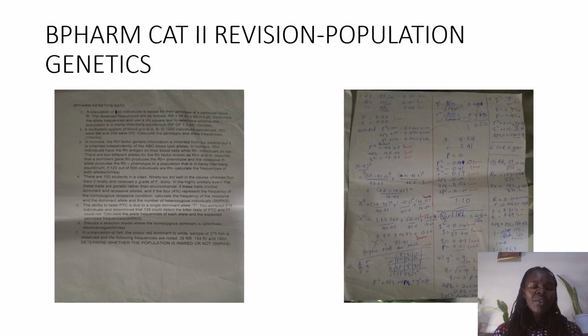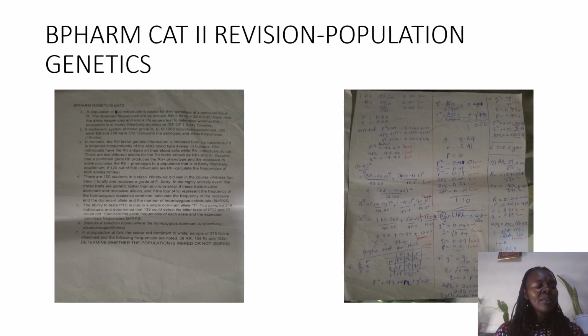So kindly, if you see such a question, we are trying to calculate the heterozygous. That recessive allele, which is in heterozygous state, it is still in the heterozygous as a genotype. The recessive allele, which is causing such problem of Rh minus, is what we are looking for. So the 120 out of 500, get 120 over 500 and do the square root.